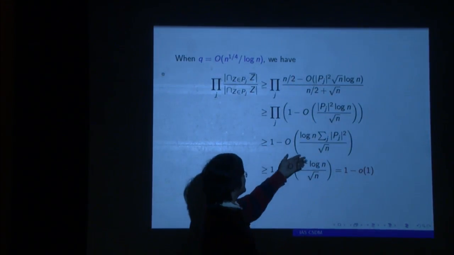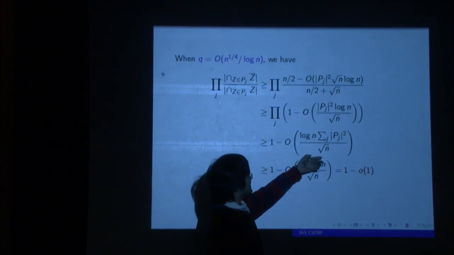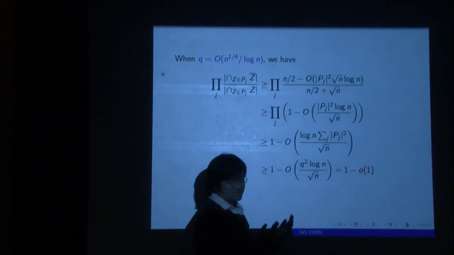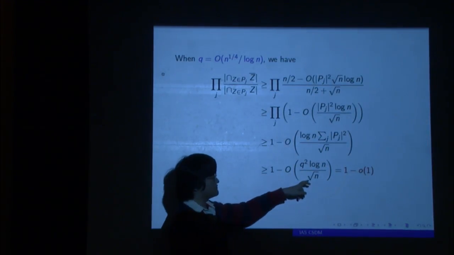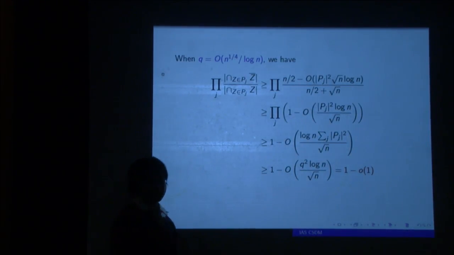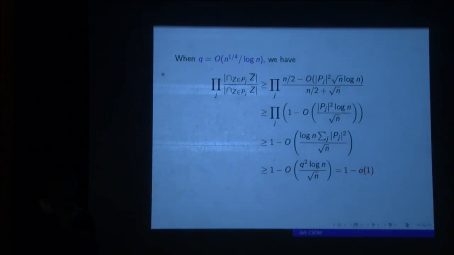You just get here, and it becomes clear that the worst case is to put all the q queries in one p_j, let's say p1. Don't spread it out, just put them in one p_j, and then you'll get this 1 minus q squared over root n. So if q is n to the 1/4, you get 1 minus little o of 1. Okay. So that's basically everything in the n to the 1/4 lower bound.